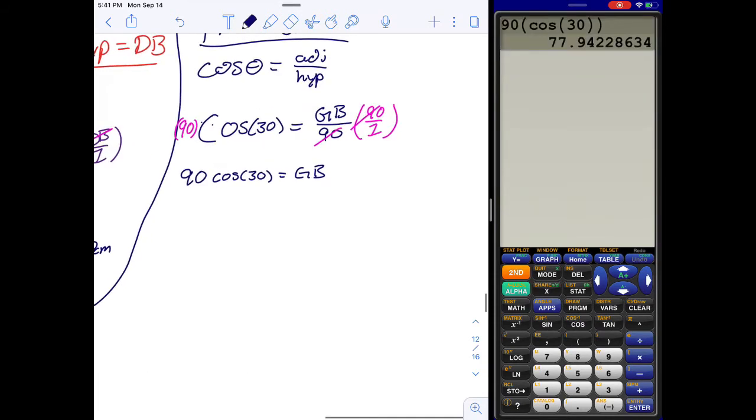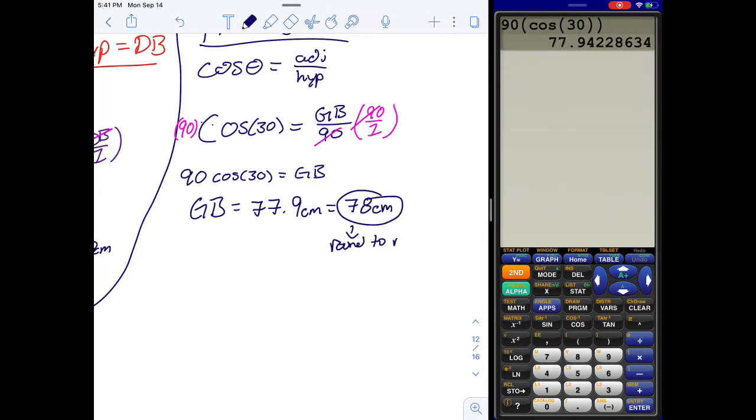That's going to give you kind of an uglier number. So g to b equals 77.9 centimeters, and I'm just going to round it to the nearest centimeter. So I'm going to round that up to 78 centimeters.